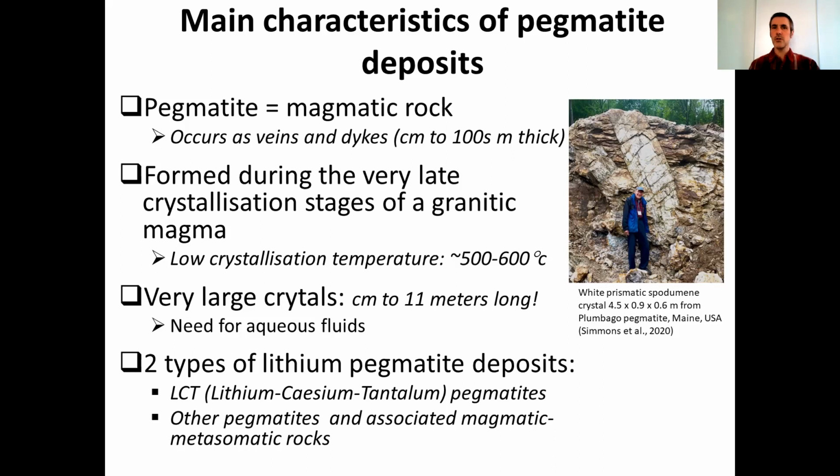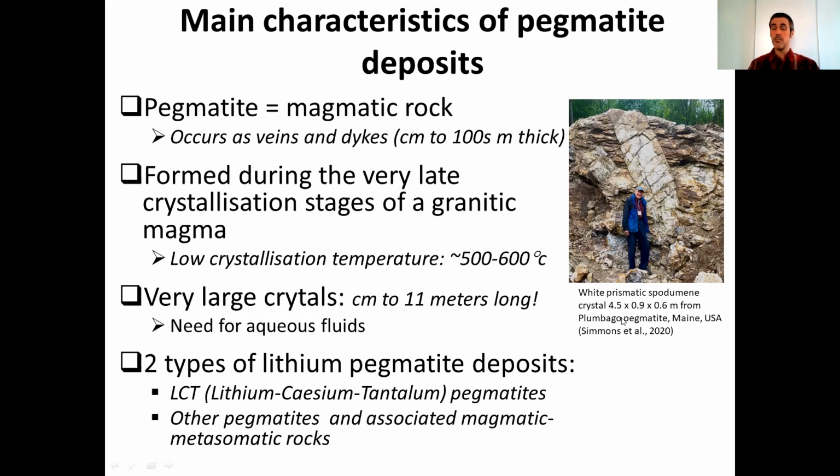A key feature of pegmatites are the very large crystals, between several centimeters up to several meters long. This is what you can see on this photo. You have a 4.5 meters long spodumene crystal from the Plumbago pegmatite.